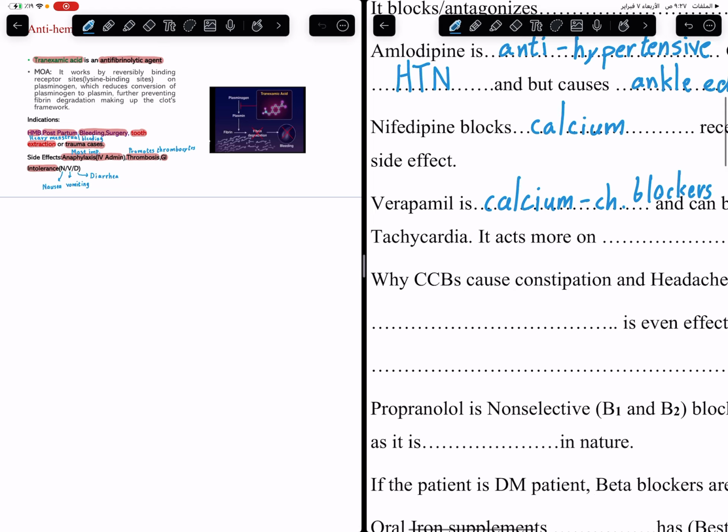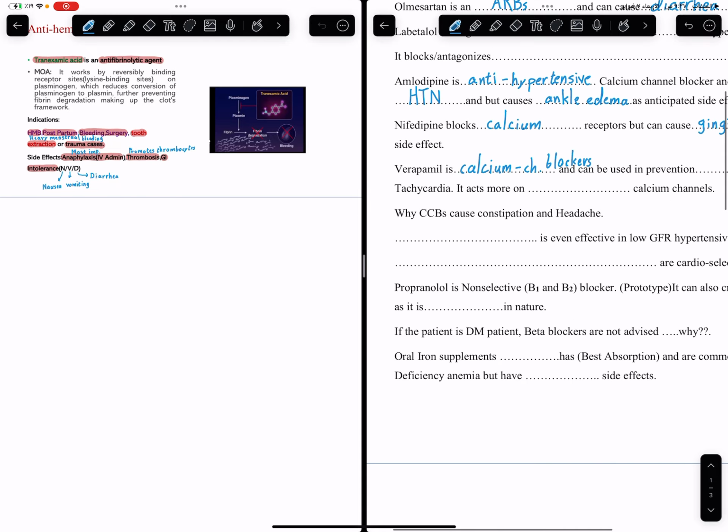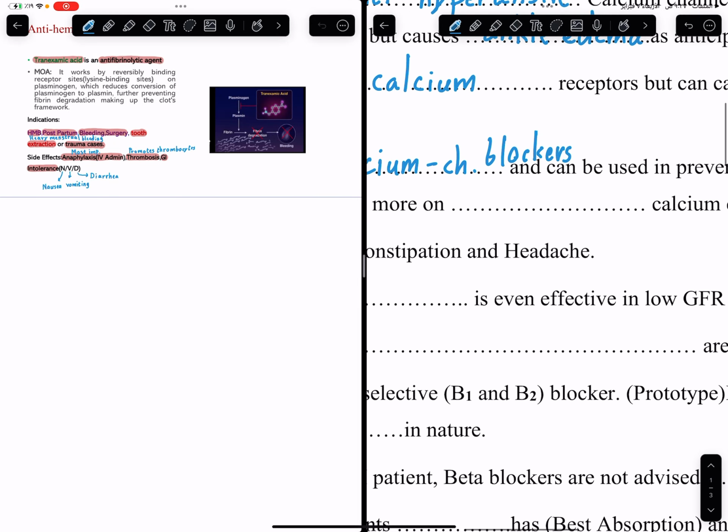It acts more on which calcium channels? Myocardial or cardiac calcium channels.